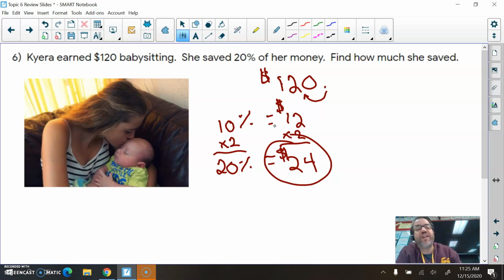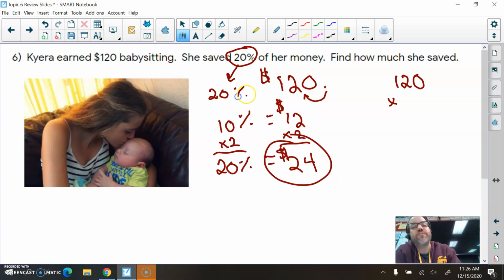Otherwise, if you want to find out what 20% of 120 is, then take 120 and multiply by whatever 20% is in decimal form. Now again, 20%, pay attention to where the decimal point is. It isn't shown, so it must be at the end of the number.